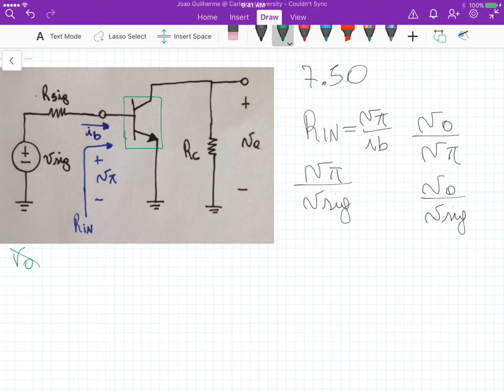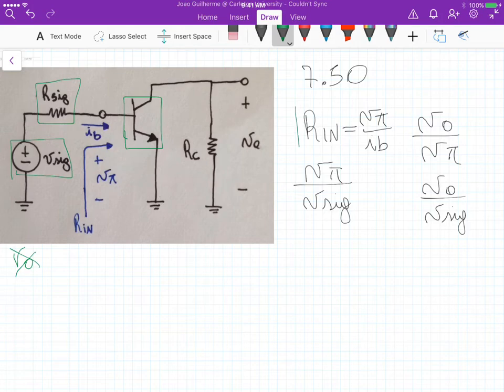Okay, so we're not including this one here, but we need to insert the r pi and the controlled current source, right? So in this circuit we have an input signal, a V signal here, which has a resistance R signal here. In this problem we are required to calculate the input resistance, which is the ratio between V pi and IB.